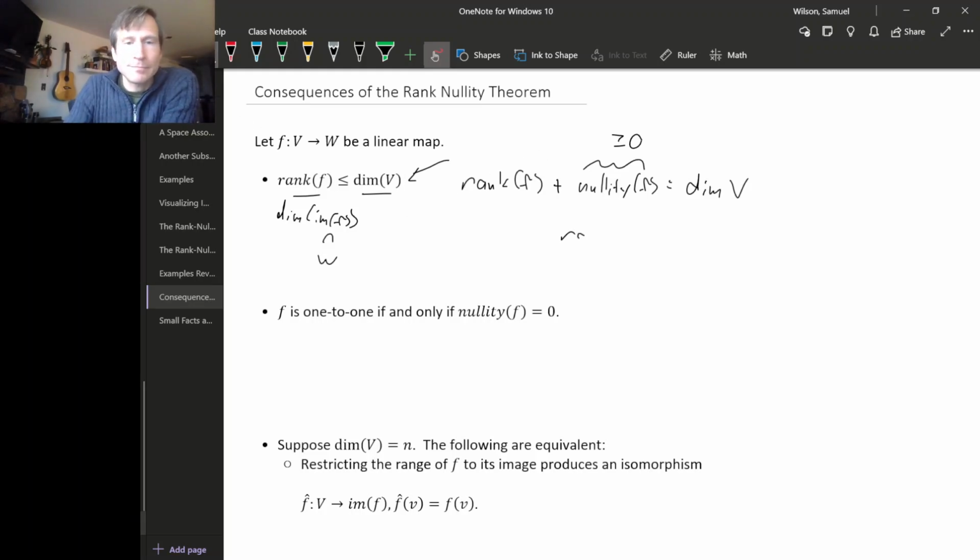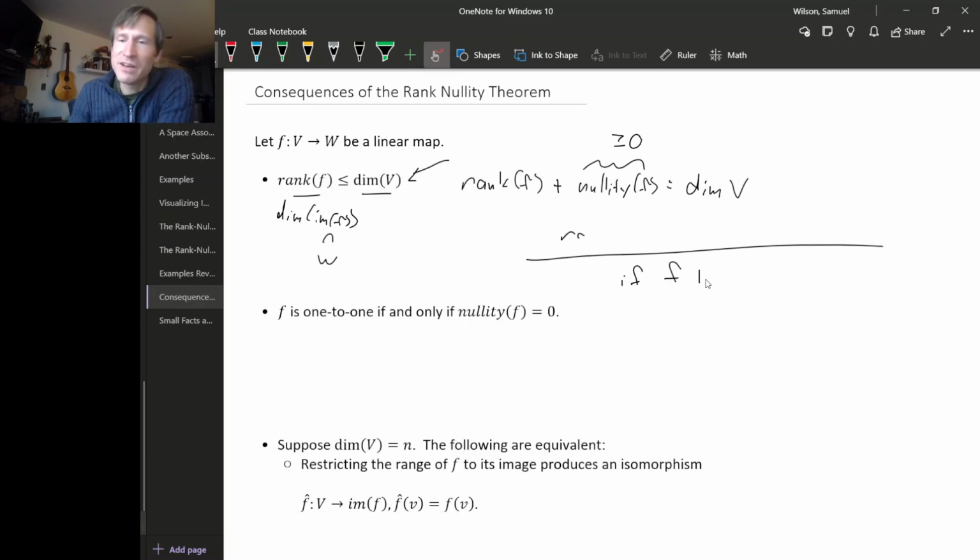All right. Next up is that F is 1-to-1 if and only if its nullity is 0. So this isn't totally obvious either. Actually, one way is kind of obvious. If we assume that F is 1-to-1, suppose we have some element in the null space.